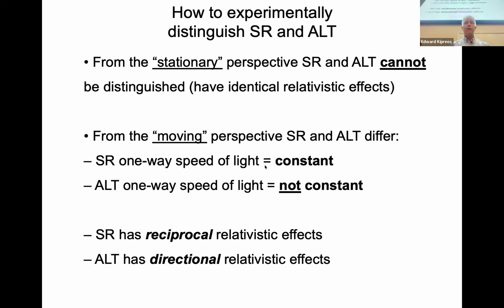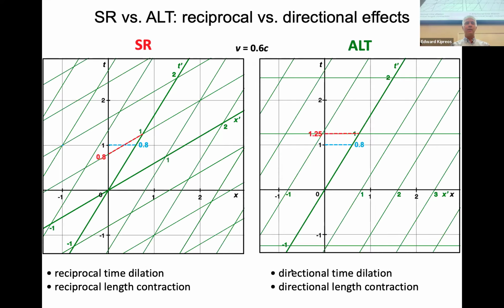And as we went over, in special relativity the one-way speed of light is constant, and the alt one-way speed of light is not constant. In addition, special relativity has reciprocal relativistic effects, and alt has directional relativistic effects. So you're like, what does that mean? So let's look at it on this diagram.